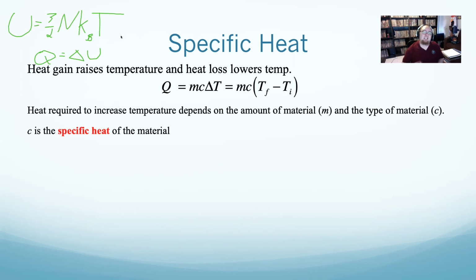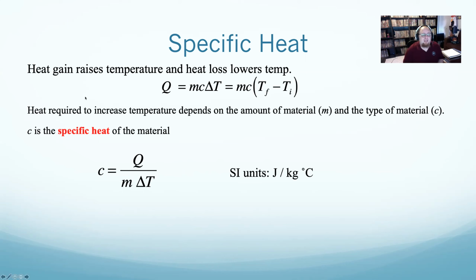Now, first off, because it's a delta T equation, you can work in Celsius or Kelvin. M is the mass of the object, and C is what is called the specific heat. C is a constant for any given material that simply says how easily it changes temperature. Things like metals have a very low value of C. It doesn't take much heat to change the temperature of metal.